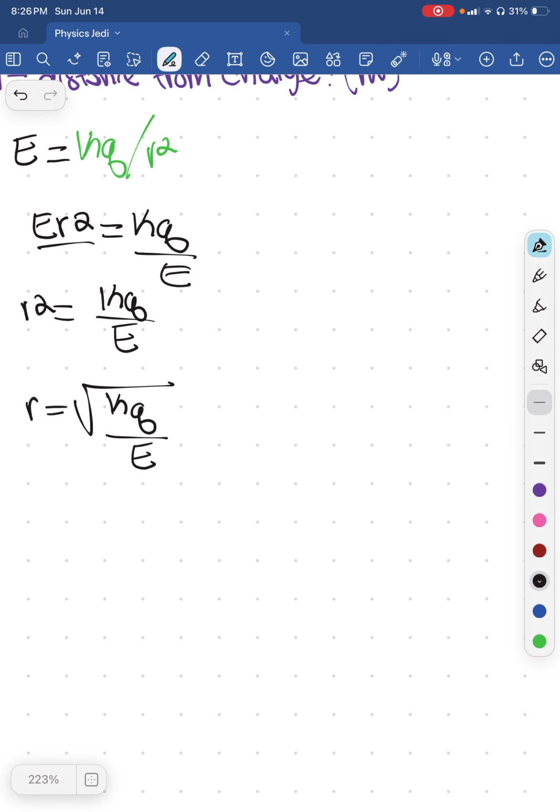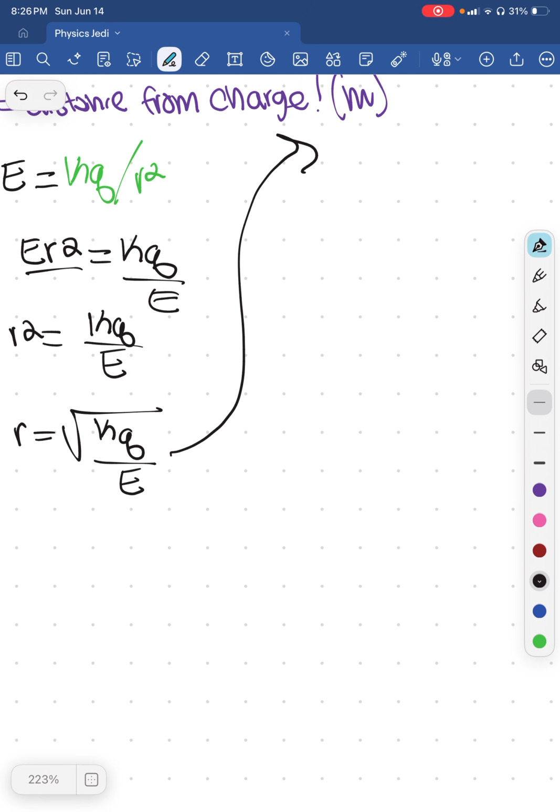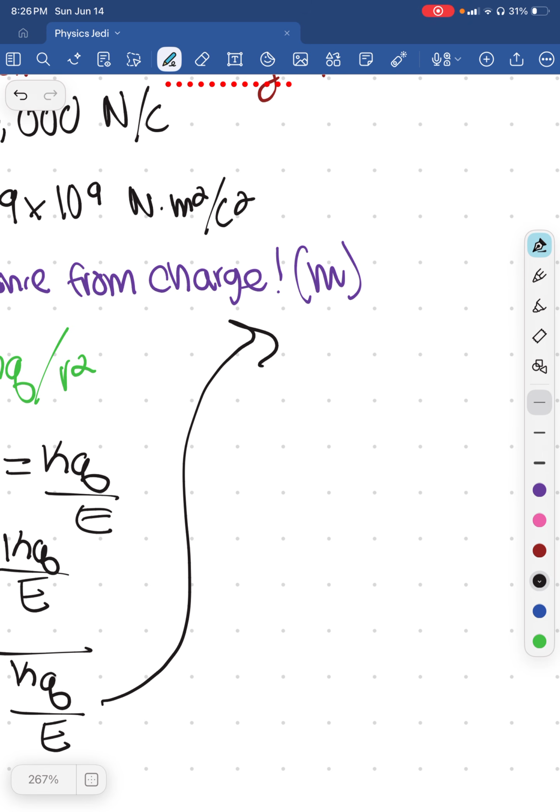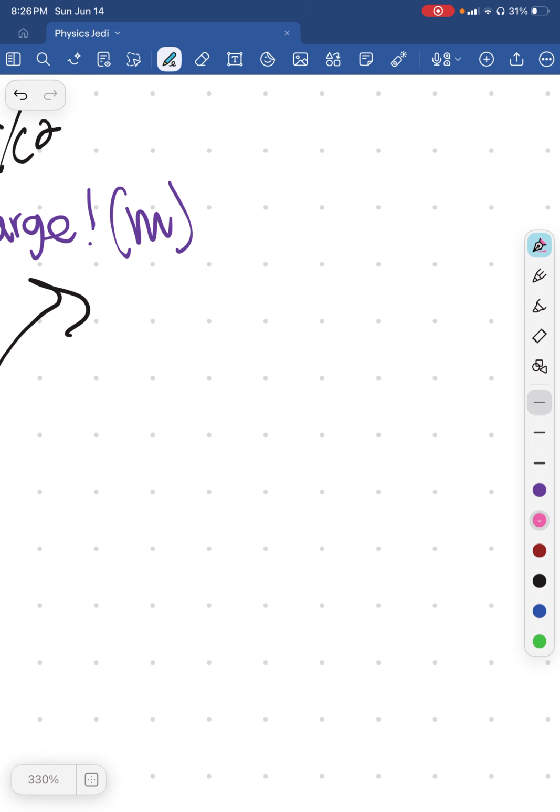Now we're going to plug in our values. So for K, we're going to have 8.99 times 10 to the 9th.